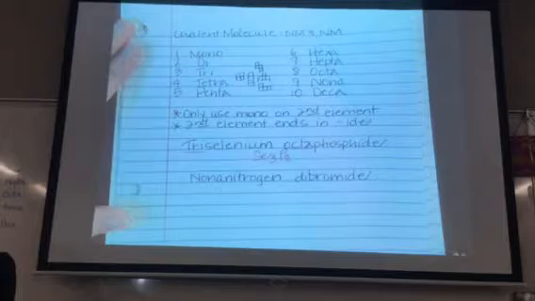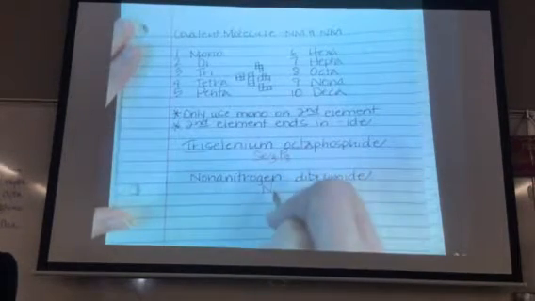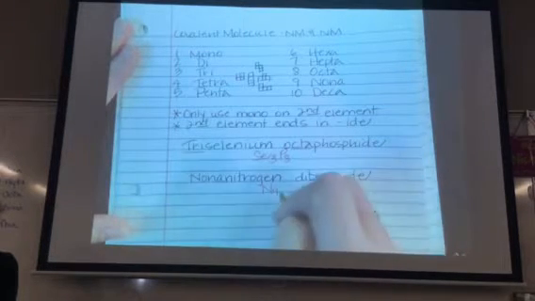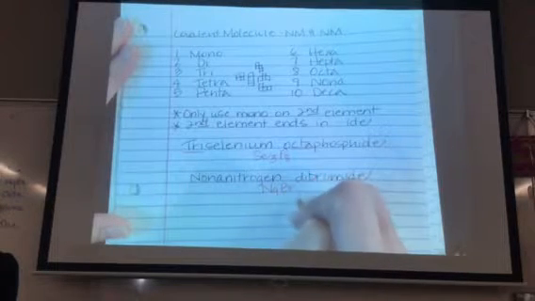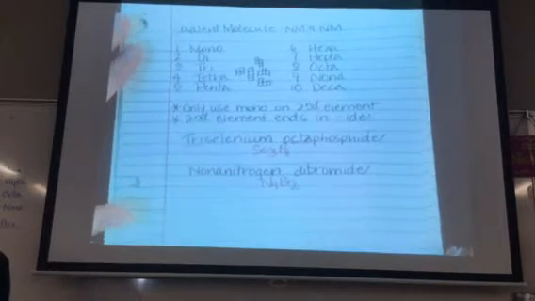First element, nitrogen. What's the number? 9. And what's the second element? Bromine. Bromine symbol? Br. And then how many? 2. Okay, that is how I write the formulas.